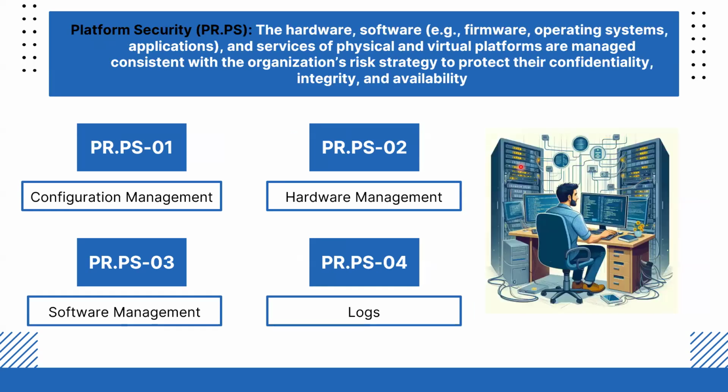Next, we have platform security. So this function predominantly focuses on securing all the assets that the organization has. So the organization has to firstly identify what are the various assets that are being used. For example, servers, network devices, laptops, desktops, wireless access points, the physical access control systems.